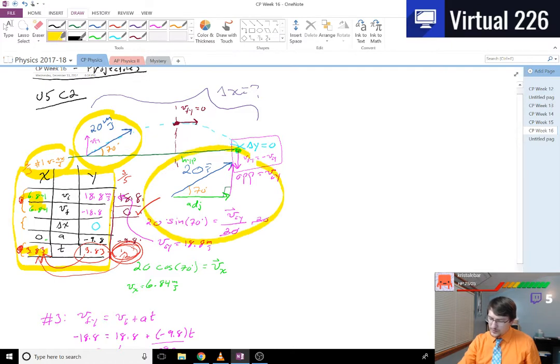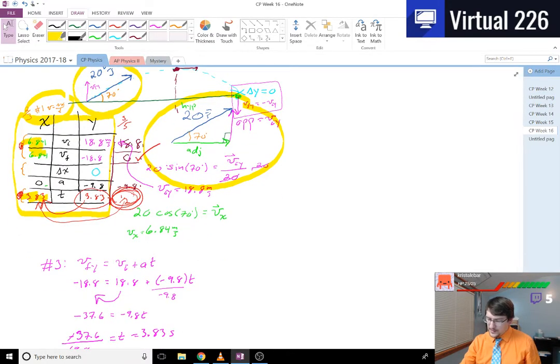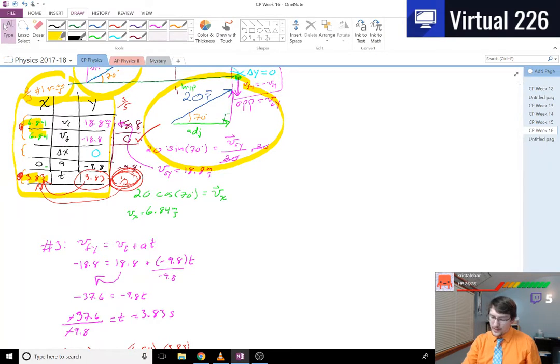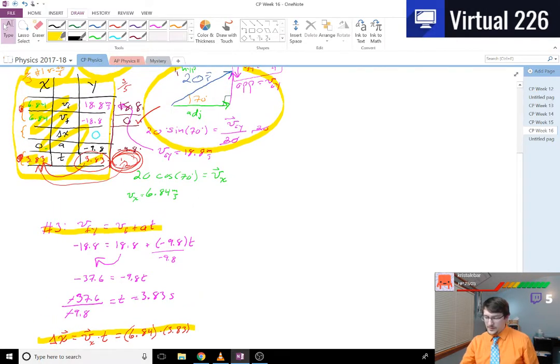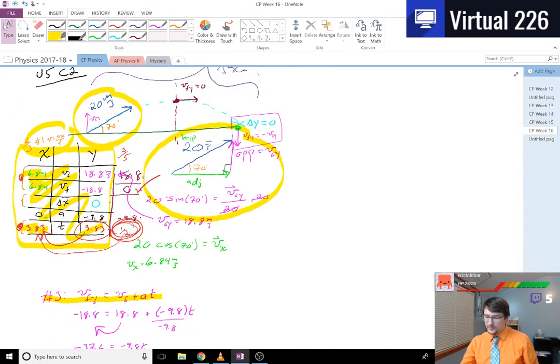We did SOH CAH TOA in the beginning here. And then from there we recognized what we had in our box, and then we went and used appropriate equations. We used equation 3 to find time, then we used equation number 1 to solve for a displacement. So that's how we can go ahead for this problem.